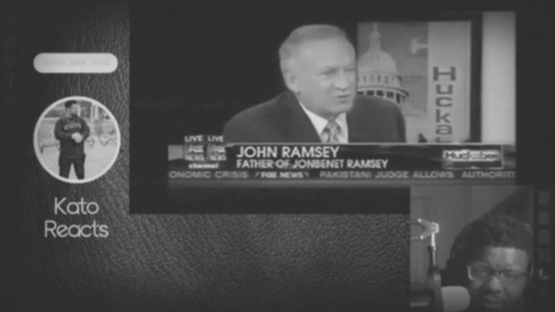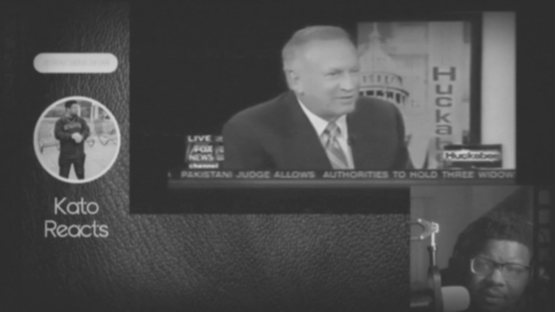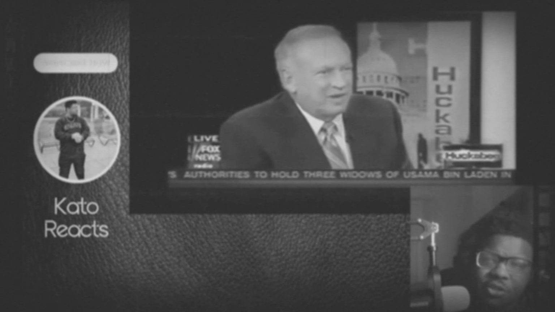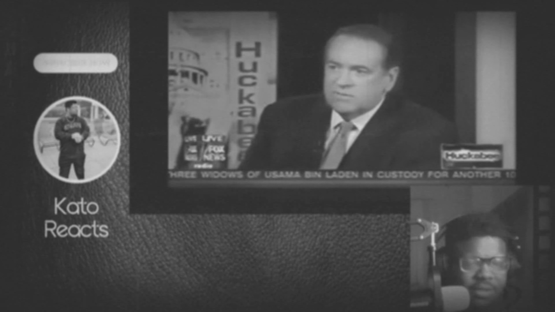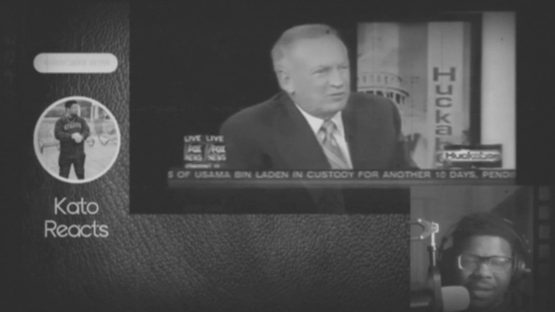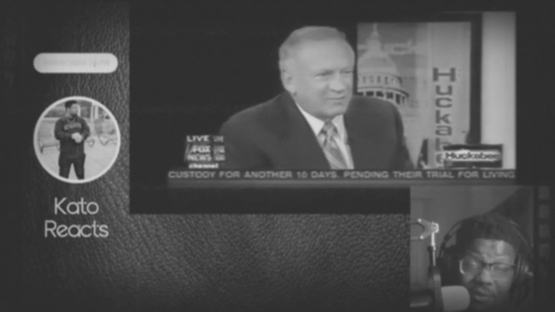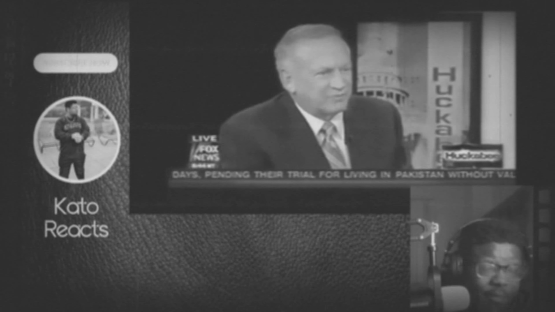But the ligature, I think, is something else entirely. A ligature is a restraint, right? So the stun gun isn't going to restrain anything, right? The ligature is designed to restrain you, physically restrain you. You can't move. You can't do anything.